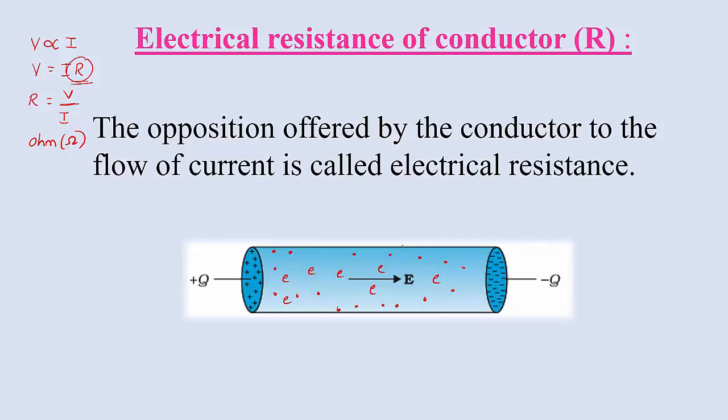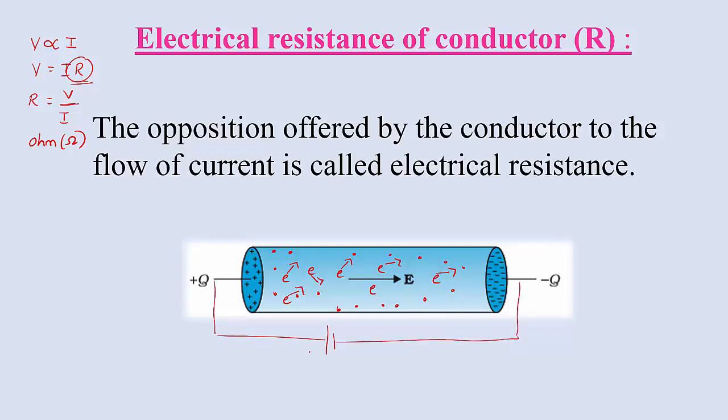So before applying any potential difference or any battery, these free electrons are moving in random directions with thermal velocity. That we studied in the last session. But when we apply an electric field in terms of a battery, for example, one end of the conductor is connected to the positive terminal of the battery and the other end is connected to the negative terminal.